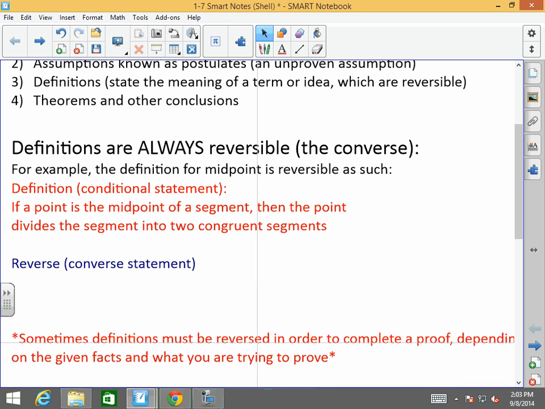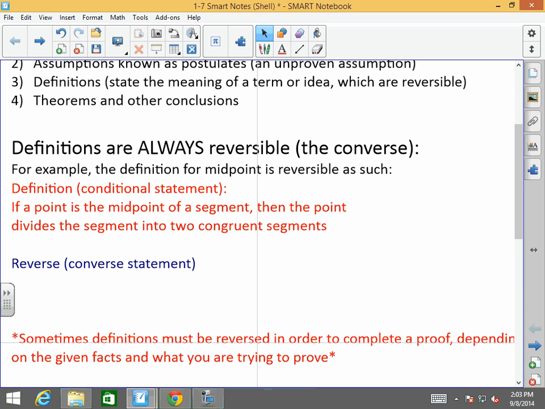Now, if you notice in blue, I have the converse statement. And remember what we just finished talking about. The converse is the reverse of the definition, or the reverse of a conditional statement. So the conditional statement is the definition as normal. The reverse or the converse statement is exactly what I just said. It's the reverse.